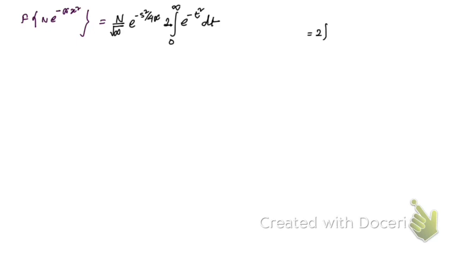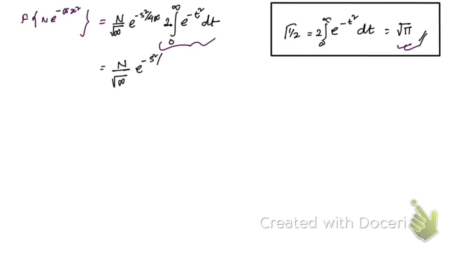So this is the Fourier transformation of the given function, and here you see this is equal to gamma half, which is equal to root pi. If we use this result here, then we're going to get root pi.